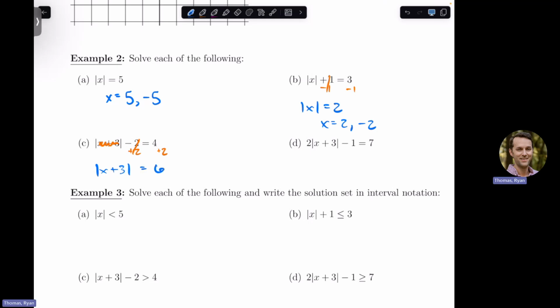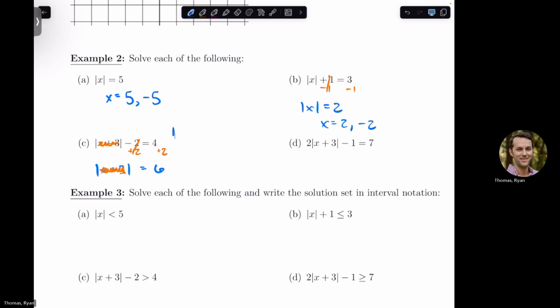Okay? So the absolute value of x plus 3 is 6. Not worry about that yet. The absolute value of something, distance from 0 of something, is exactly how much? 6. Or exactly 6 away from 0. Where can you be? 6, -6.